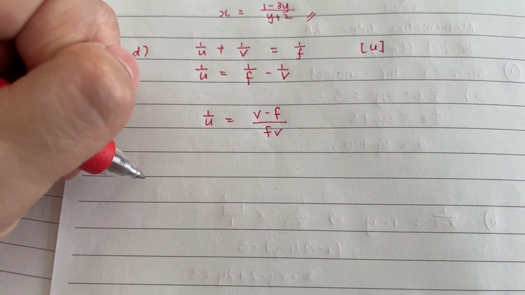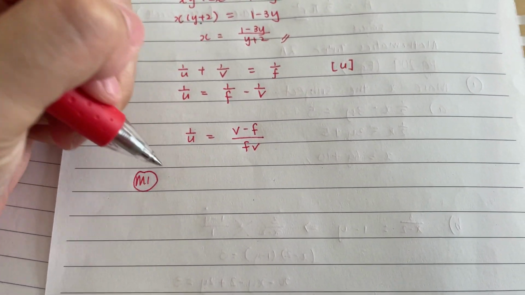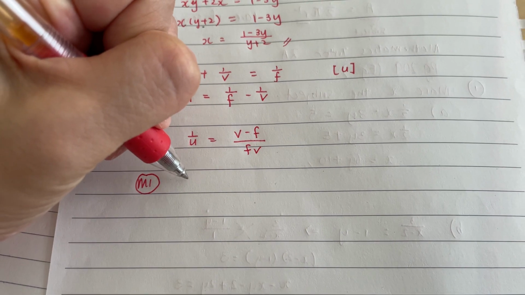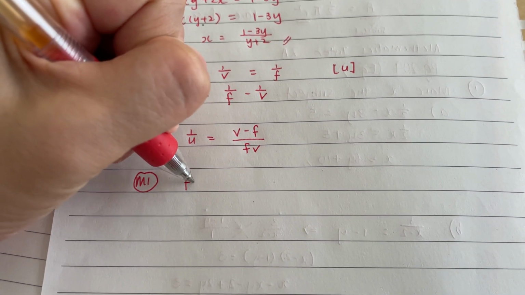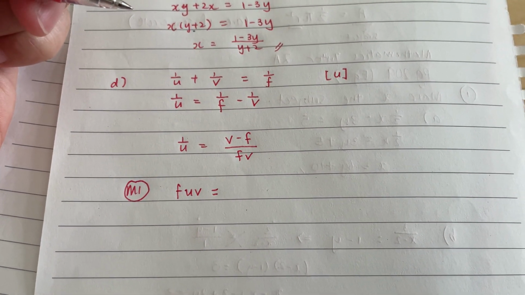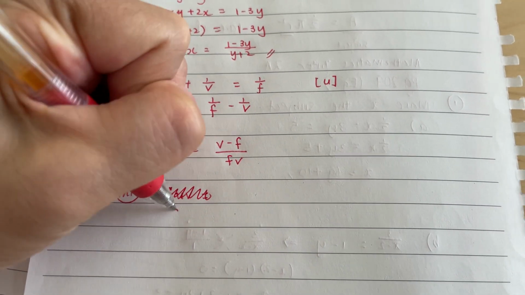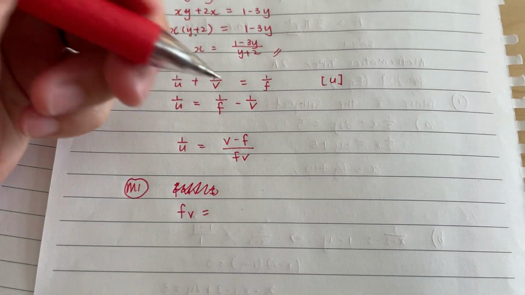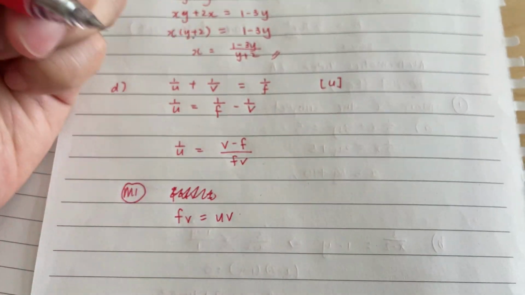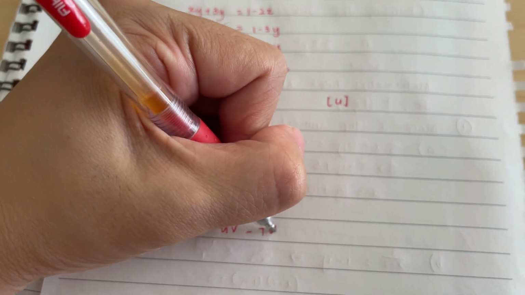There are two ways. Method 1 will be our usual method of cross multiplying. So when we cross multiply, I'll have fv equals uv minus fu.